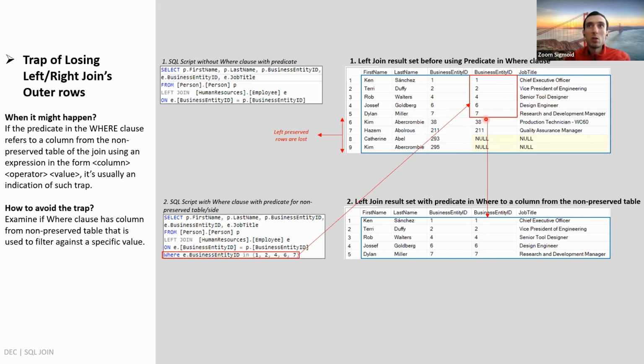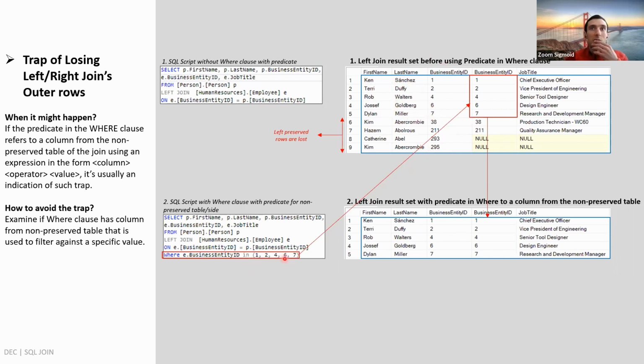Because if you would use, for example, in the where clause the column from this table, then in any way it will filter out only 7, but you already know that you work on the left table.